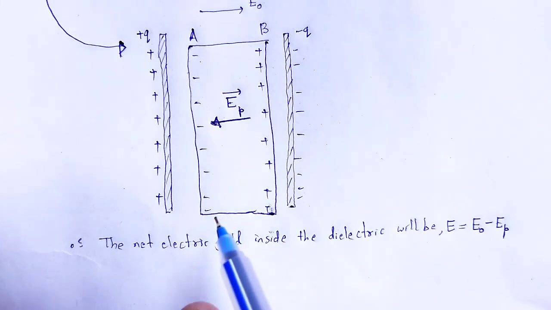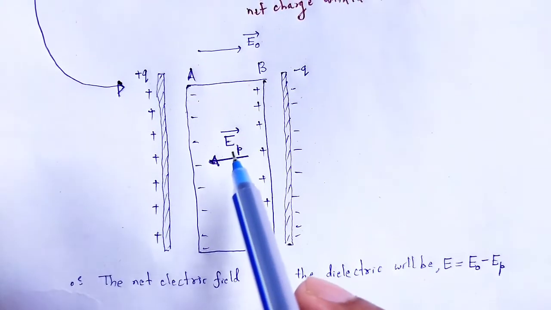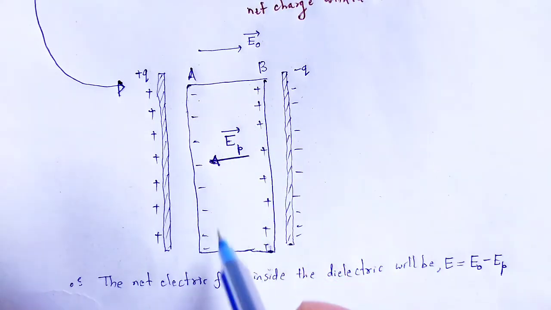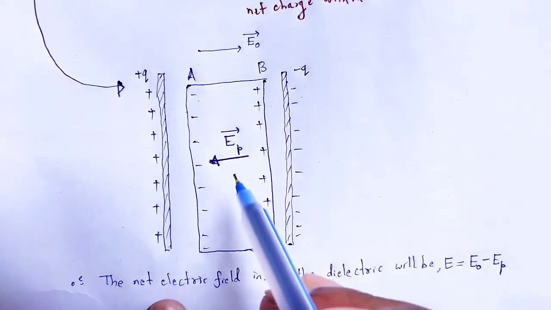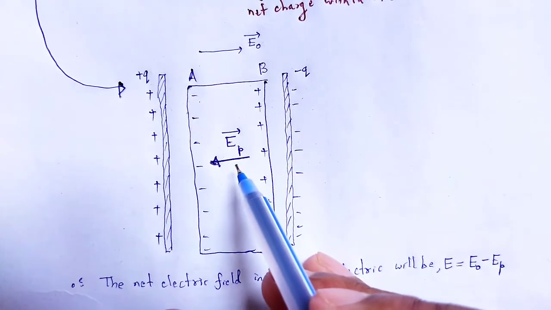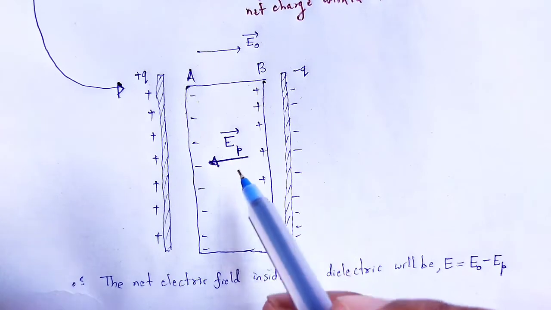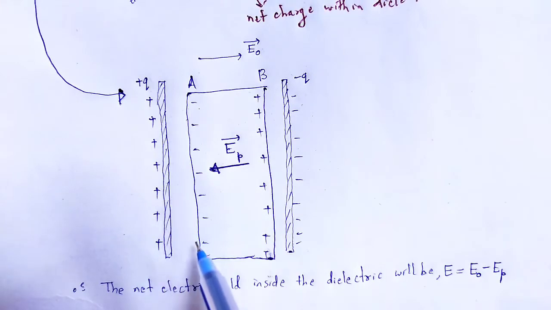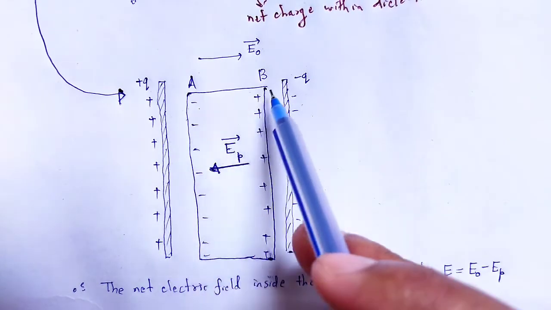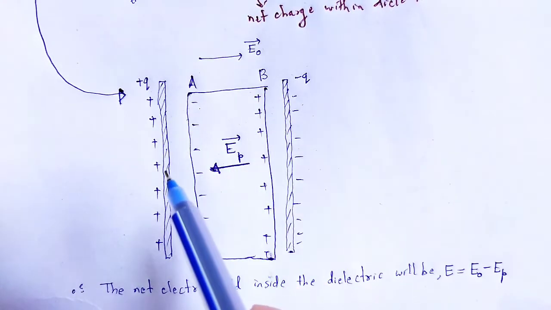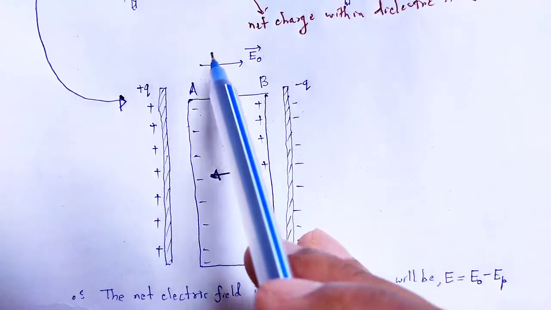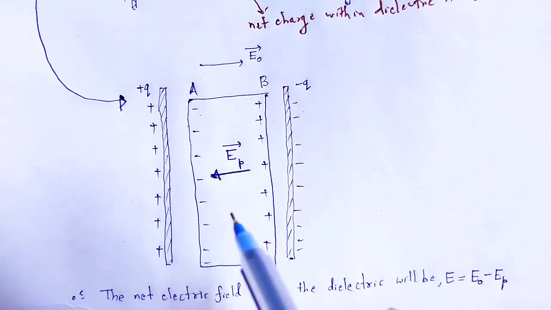Therefore, when a dielectric slab is placed in an electric field, the strength of electric field will decrease, and the phenomenon of appearance of charges on opposite faces of the dielectric slab induced by the external electric field is named polarization.